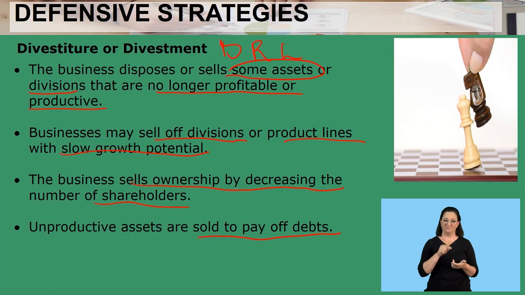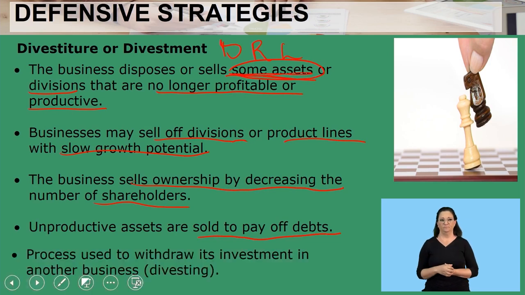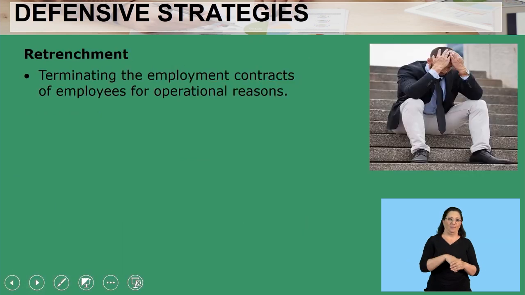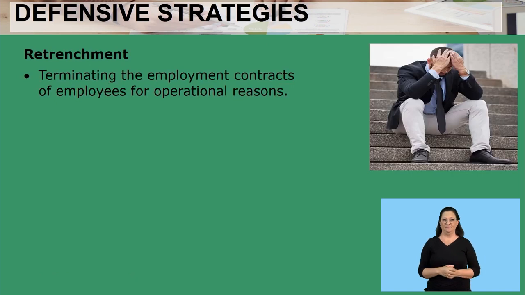So that is not everything, but some assets, which is the keyword here. So we start with divestiture, the process used to withdraw its investment in another business. So that is divesting.